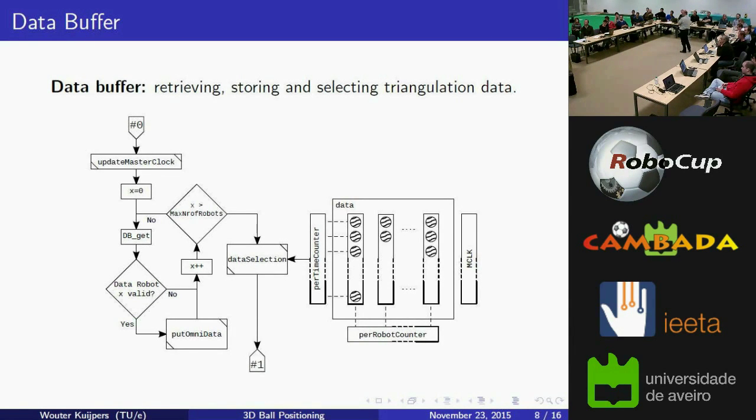I have the current master clock of the robot, and there is a window from minus half a vision period to another vision period. I take everything together, because I cannot perform triangulation or any other minimum distance algorithm if the measurements are slightly off in time. I cannot work on that time difference.